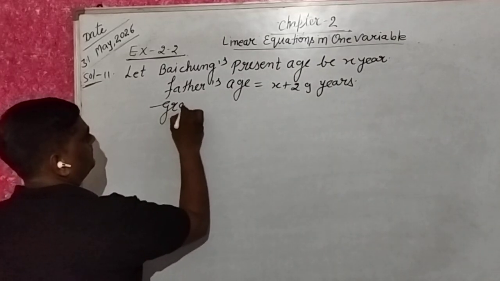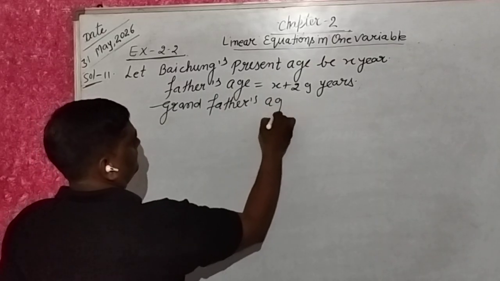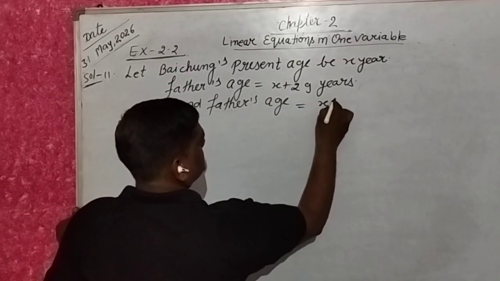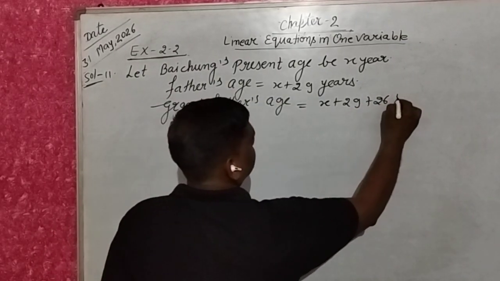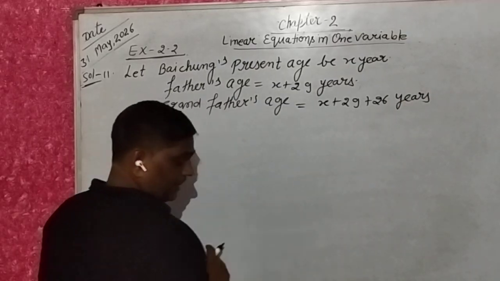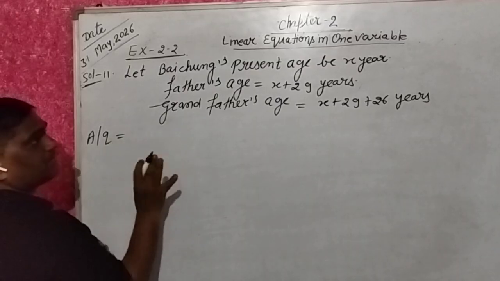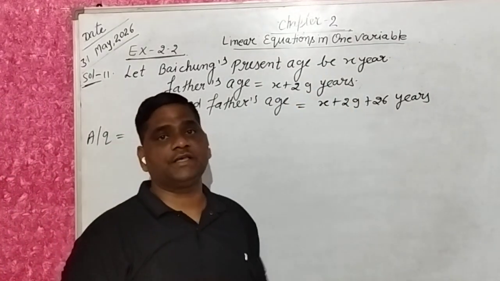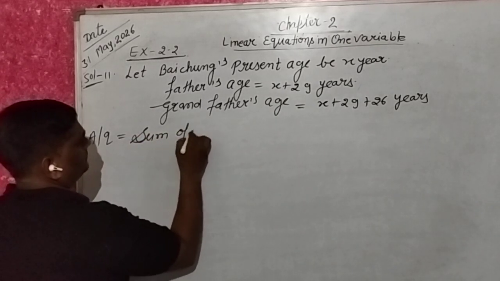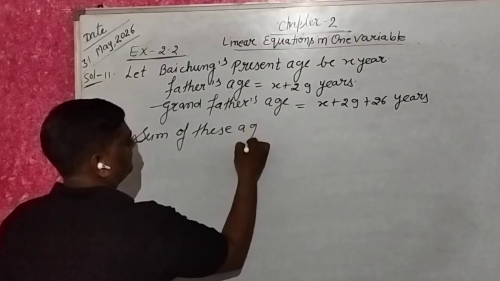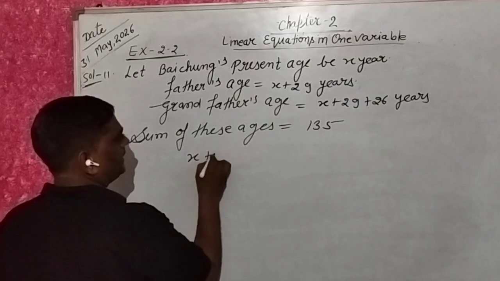Grandfather's age x plus 29 plus 26 years. According to the question, the sum of all ages is 135. The sum of these ages is 135. According to the question, we add x plus 29 and x plus 55.